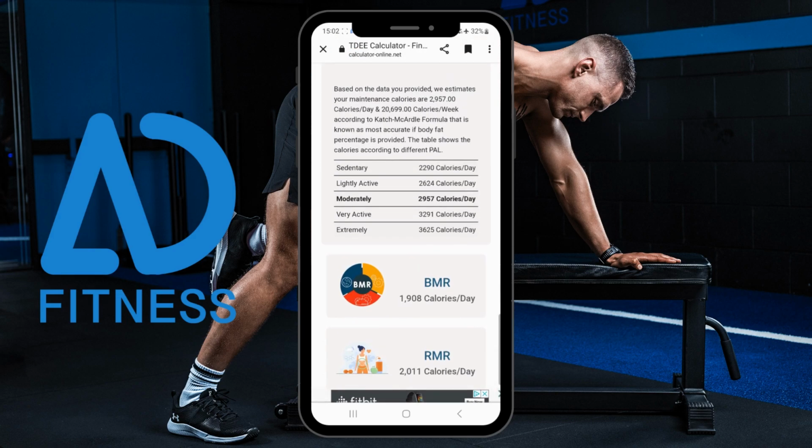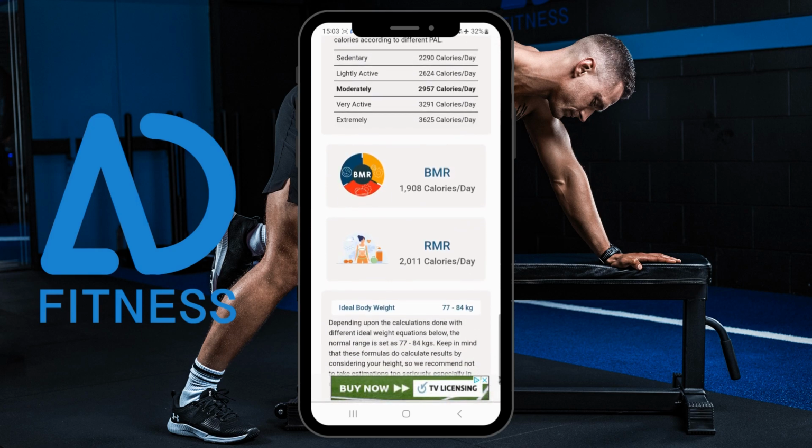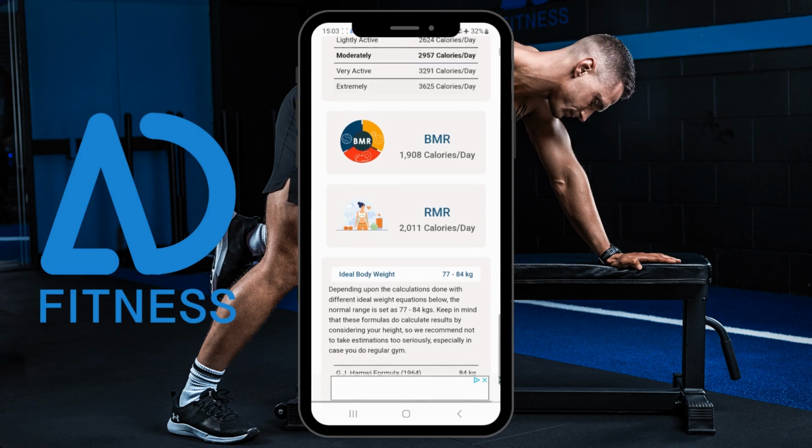If you're unsure of exactly how active you are, it does give you all the data based on your choices. So if I had picked very active, then my baseline would be 2,300. This is my BMR, my metabolic rate. If I lay on the sofa all day, I would still burn 1,900 calories.